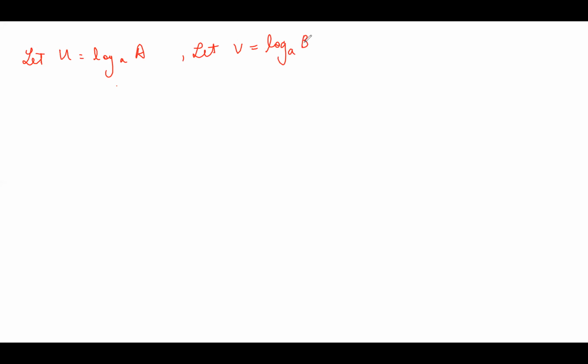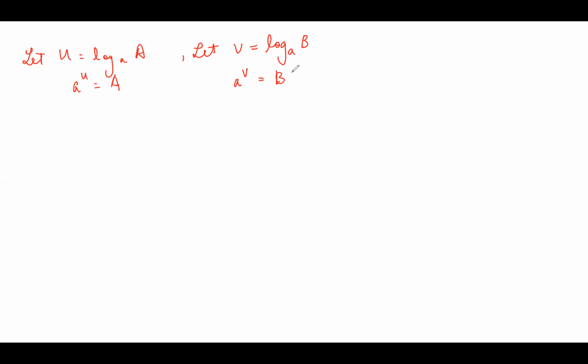Then of course, what we know here is that a to the u is equal to a, and then a to the v is equal to b, right? We're back to the exponential equation form.